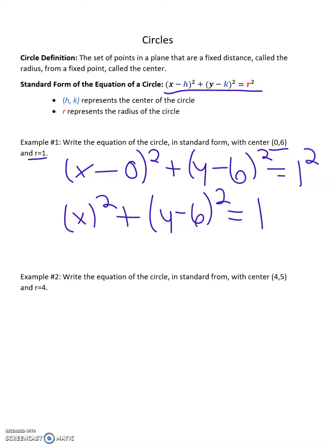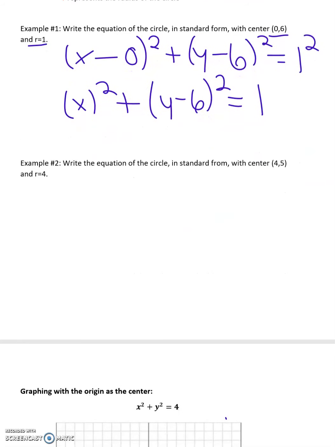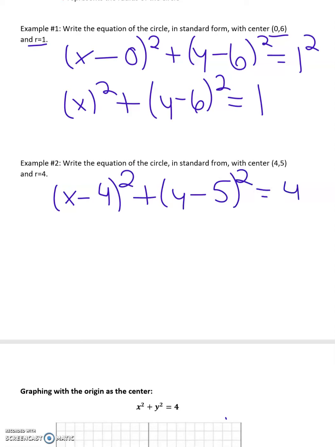Okay, so now another example right here. This would be a good point to pause the video if you wanted to try it on your own before you watch me do it. If you want to do that, go ahead and feel free. So we're taking our center again, plugging it in. We have (x - 4)^2 plus (y - 5)^2 equals 4^2.